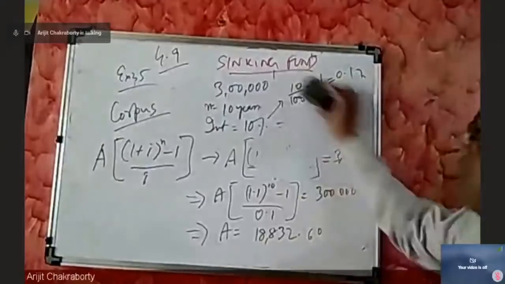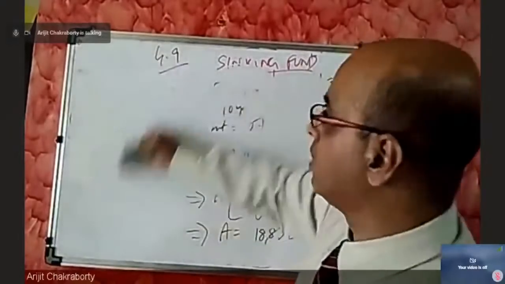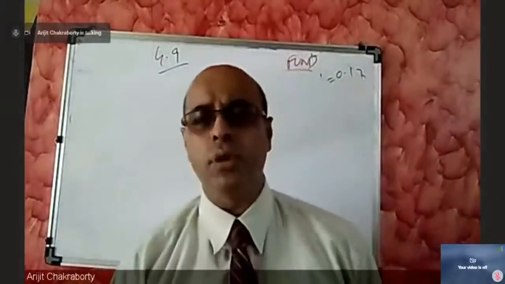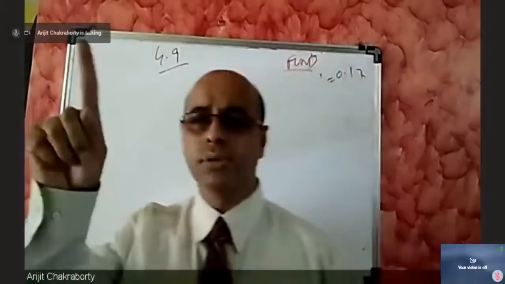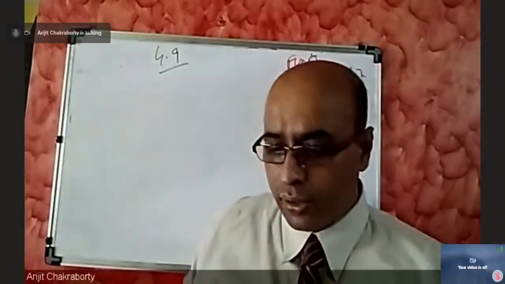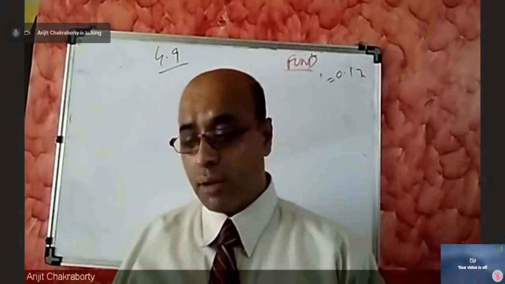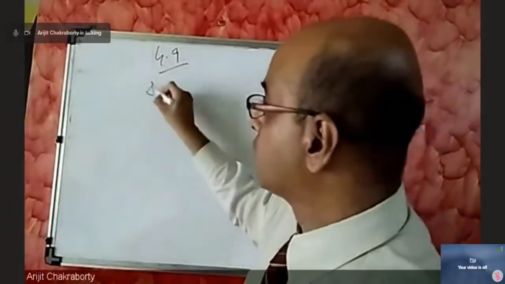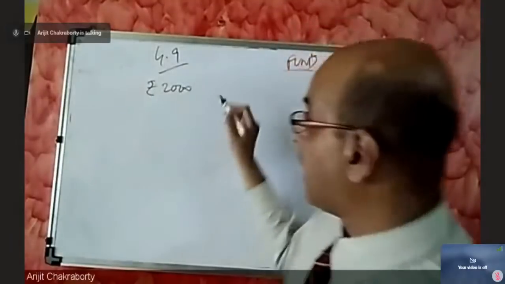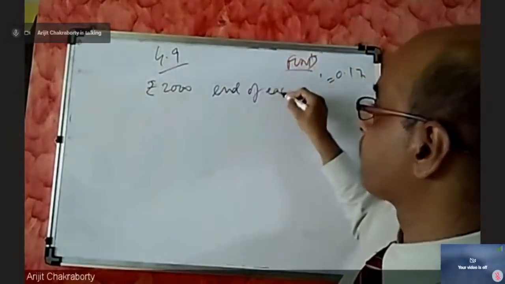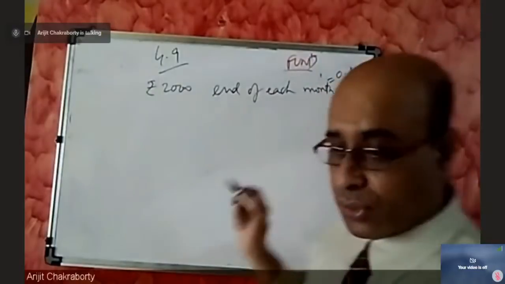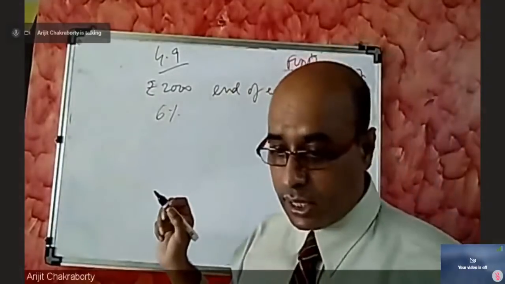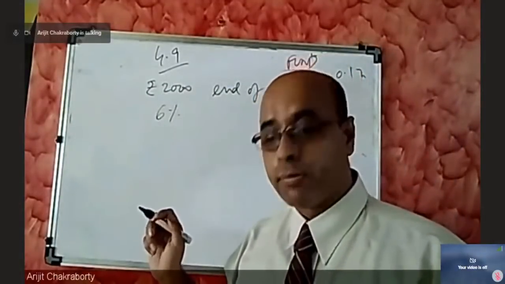Okay, so let us just do this problem. So we are actually dealing with the same formula, A into (1 plus i) to the power n minus 1 by i. Okay, the question is, rupees 2000 is invested at the end of each month. Please see the wording, 2000 rupees invested at the end of each month in an account paying interest at the rate of 6% per year compounded monthly.